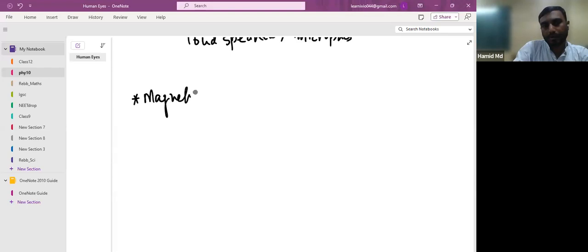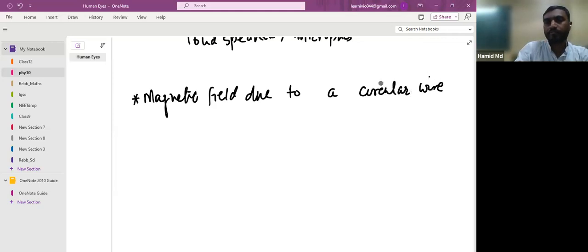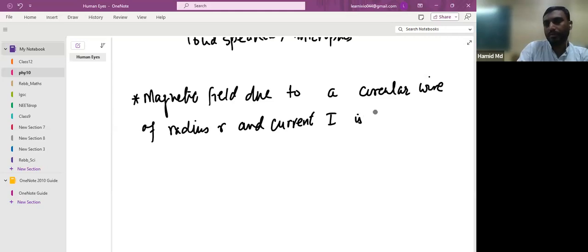Magnetic field due to a circular wire of radius r and current I flowing through it.